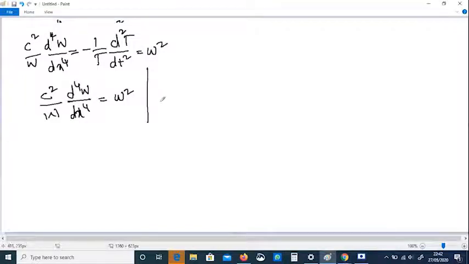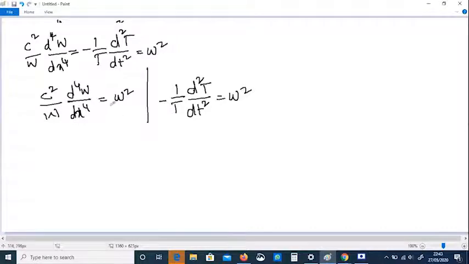The other equation that we get is 1 by T d square T by dt square equal to omega square. So these are the two ordinary differential equations that we have got. Please note that a partial differential equation is converted into two ordinary differential equations using a separable form of assumed solutions, right?